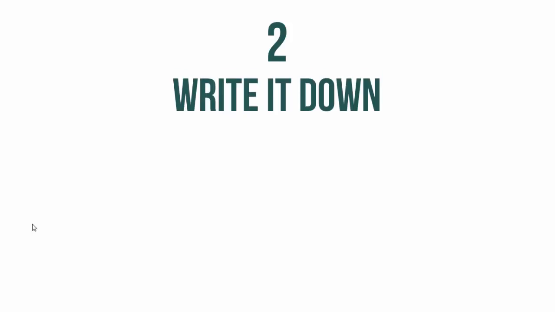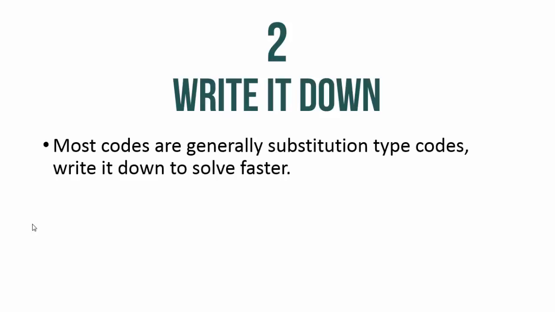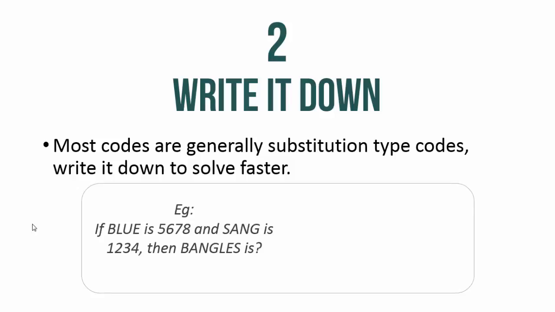Second is that you should always write it down. Most of the codes in the IBPS are generally substitution codes, wherein one alphabet is substituted by another alphabet, an alphabet is substituted by a number, one word is substituted by another word. So writing it all down will help you to solve it faster.